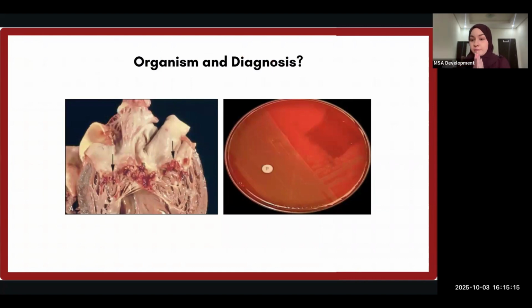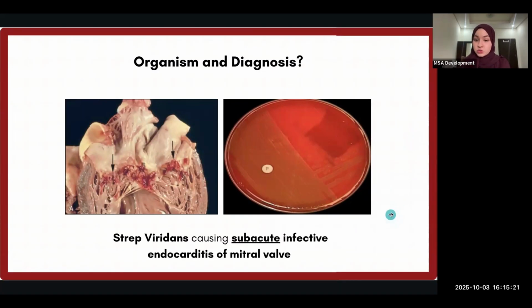So the organism here, who can answer, please? The organism here would be Strep viridans. Strep viridans causes a subacute infective endocarditis as opposed to the acute endocarditis caused by Staph aureus.